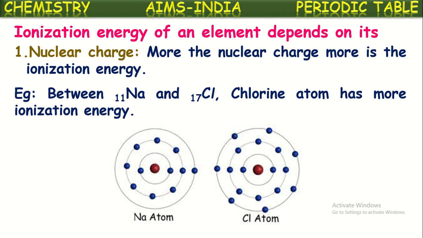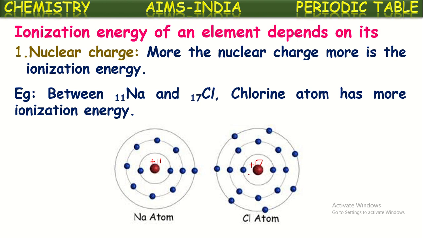So size is less and nuclear charge is more for chlorine. It has 17 units of positive charge, whereas sodium has only 11 units. So nuclear charge is much greater for chlorine, and it will hold the outer electrons very tightly compared to sodium. So the removal of an electron from chlorine is a little more difficult than in the case of sodium.